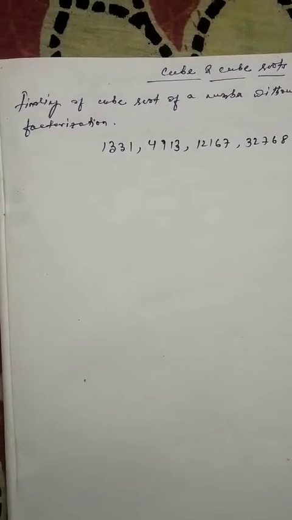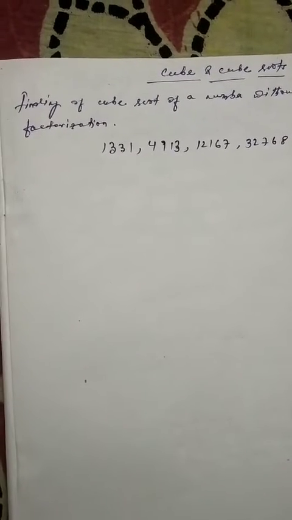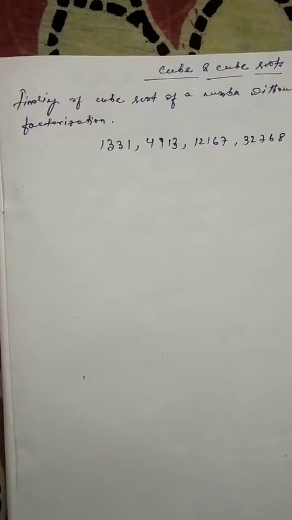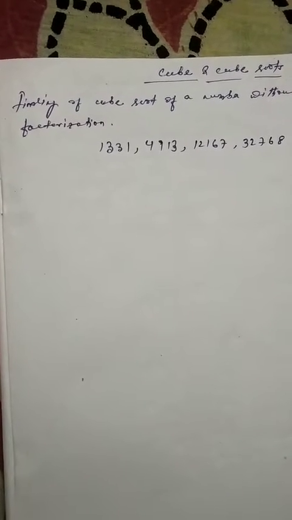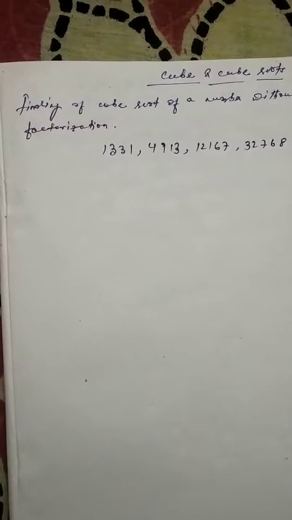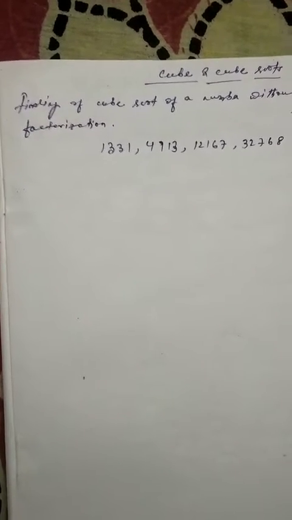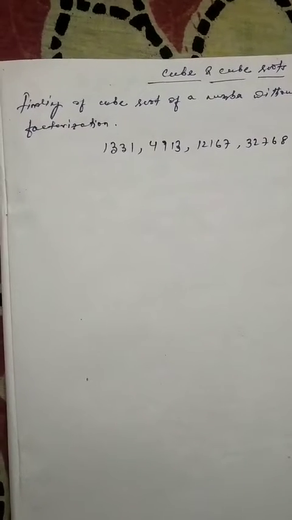That is the prime factorization process, which I have already explained. You have understood, I believe. So without performing prime factorization, we'll find the cube root of the given numbers. Here we are going to discuss how to find the cube root of these numbers.